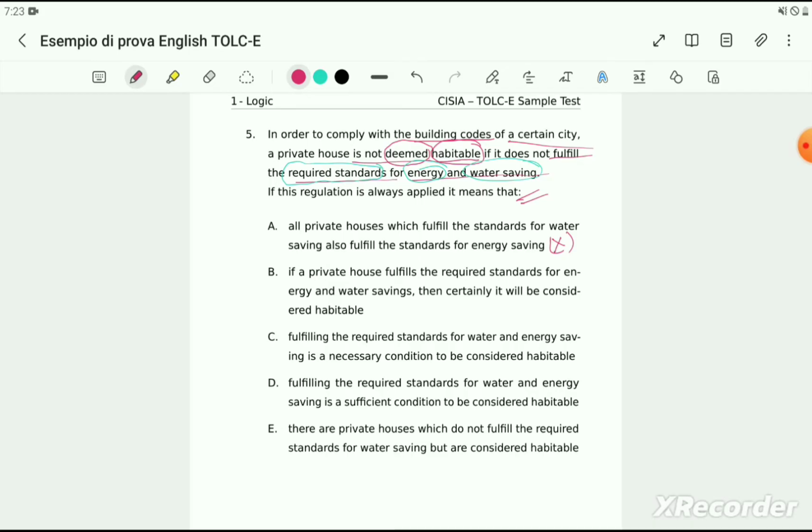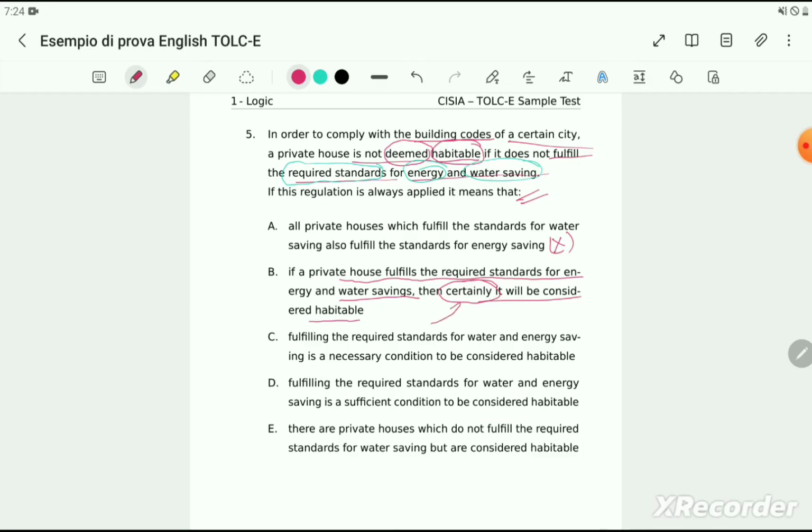There are some residences or apartments that will be not habitable, of course. Then if a private house fulfills the required standards for energy and water savings, then certainly it will be considered habitable.